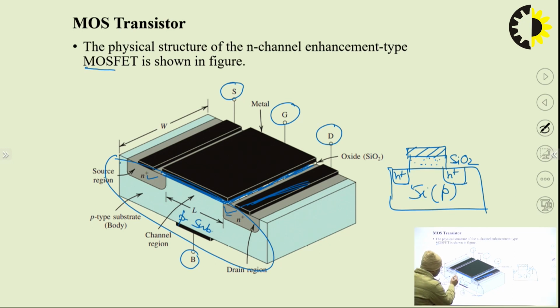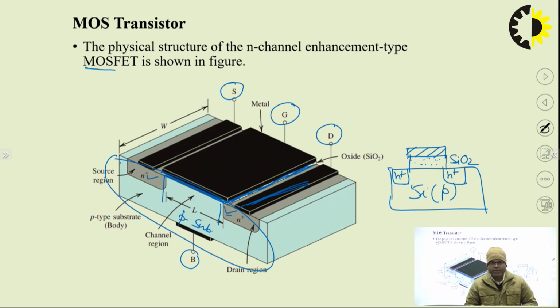This channel is created between the source and drain regions, and the length of the channel is called L. If the channel is already present at the time of fabrication, at Vg equal to 0, then such a MOSFET is known as a depletion type MOSFET. If the channel is not present and is enhanced by applying a certain gate voltage, then the MOSFET is known as an enhancement type MOSFET.